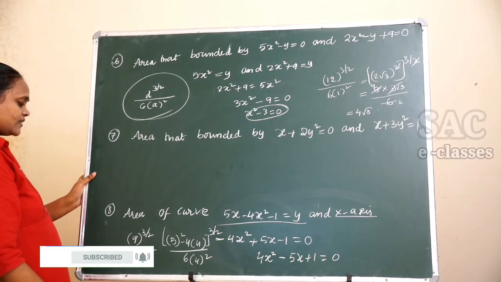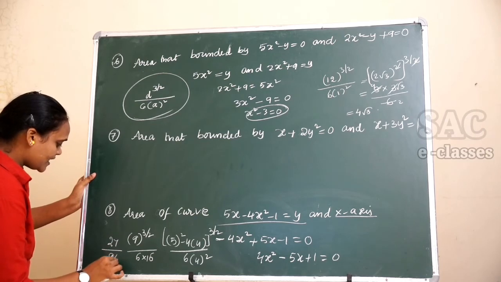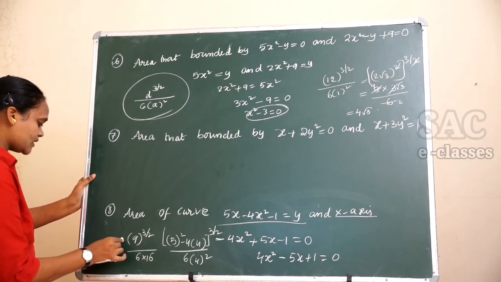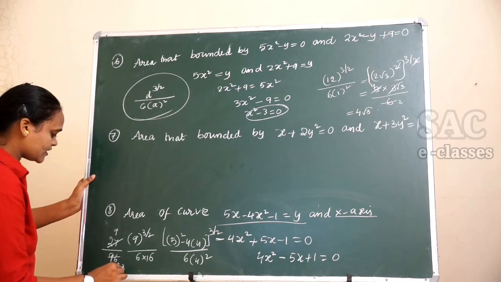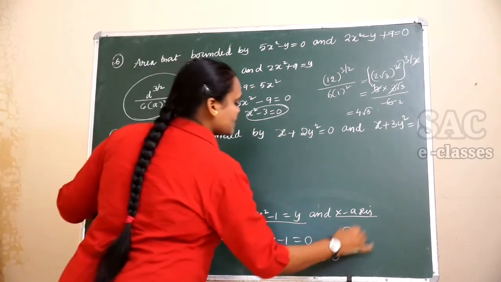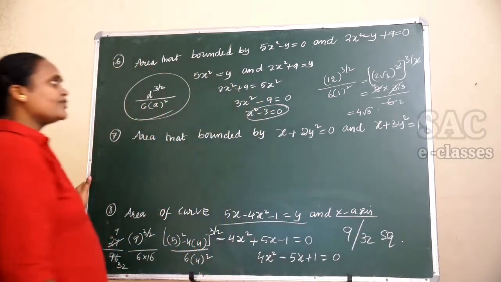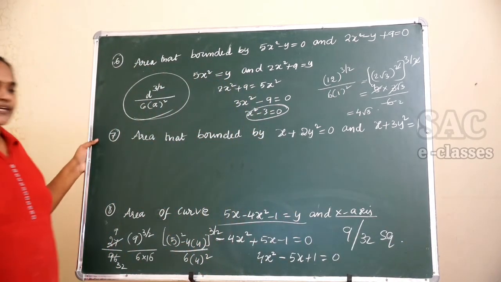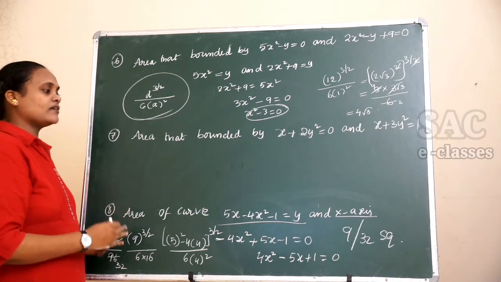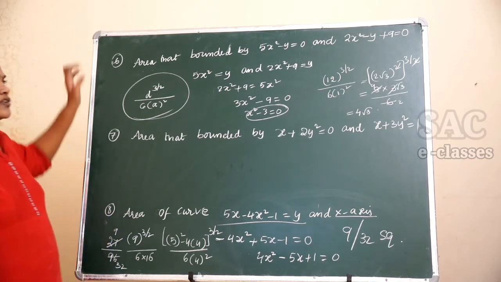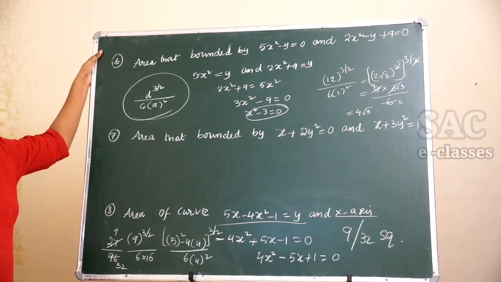You can write it as 27 by 96. Coming to the 3 table, it is 9 times and 32 times. The answer is 9 by 32 square units. In this way, without using integration and without drawing the figure, we can find the area under the curves of parabolas and lines.